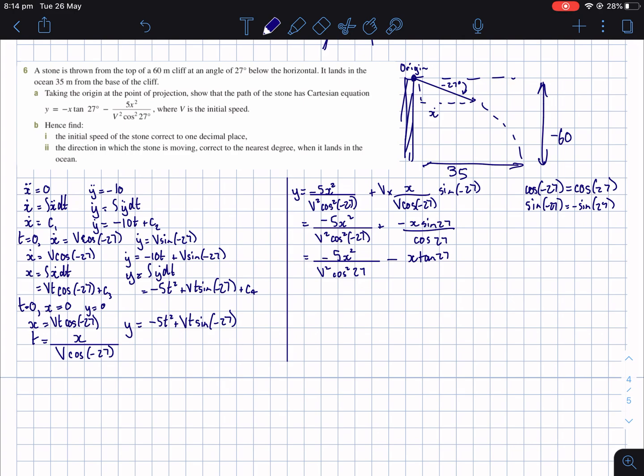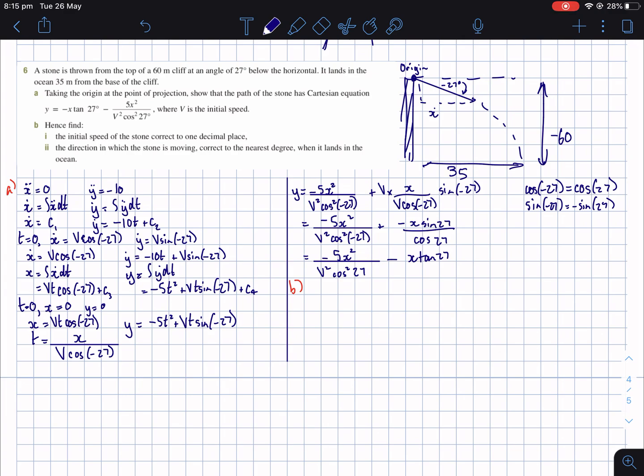Hence find these things. Oh, right. I'm going to try and squeeze this onto the same page, even though I'm on an iPad and it's infinite pages. Initial speed of the stone. Why am I getting stumped by this?